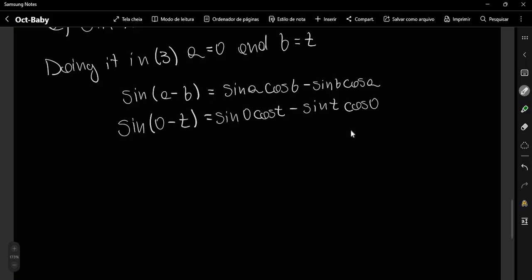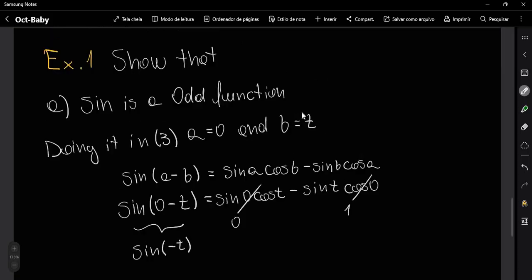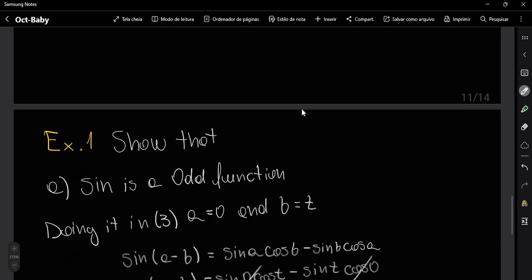Sine of 0 is 0, so this term will be totally cancelled by 0, and right here we got sine of minus t and cosine of 0, sorry, is equal 1. So yes, it is an odd function.